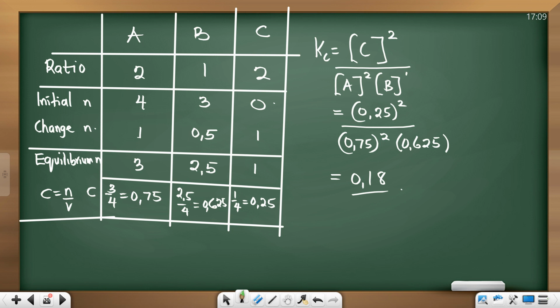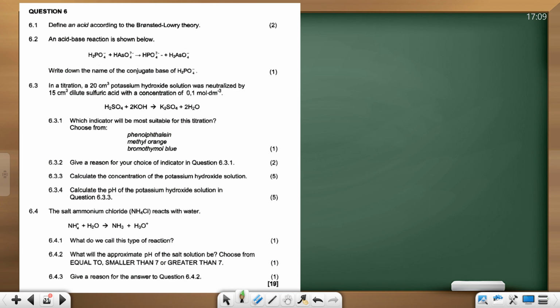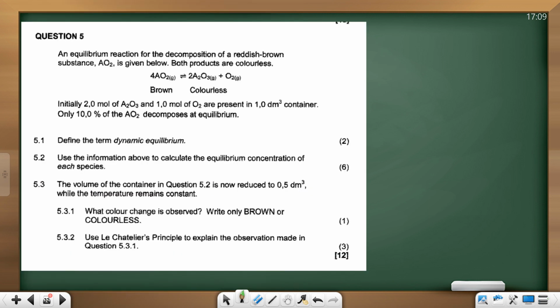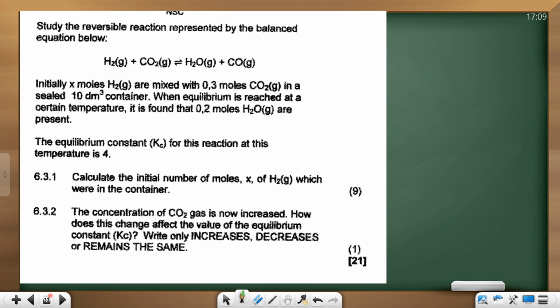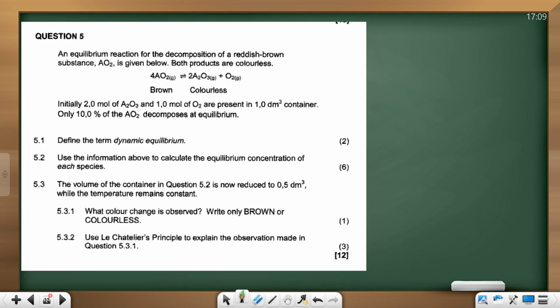Okay. Oh, people are fighting here. There's Free State and there's KZN. Oh, my God. Okay, let's check this one first. There's one here. Do you want me to do this one? This one has percentage. Or should I go to your Free State?